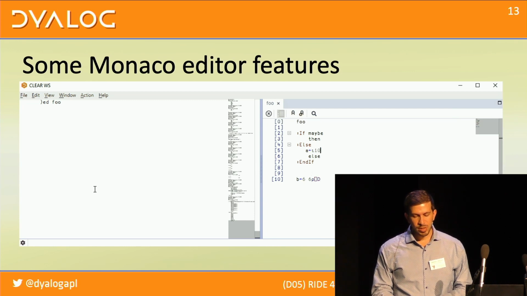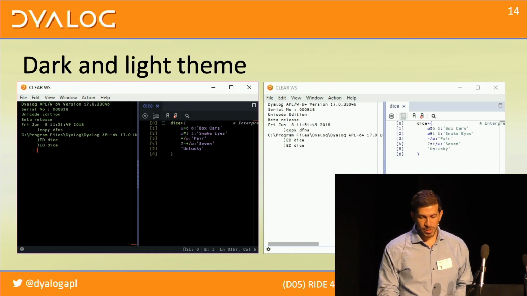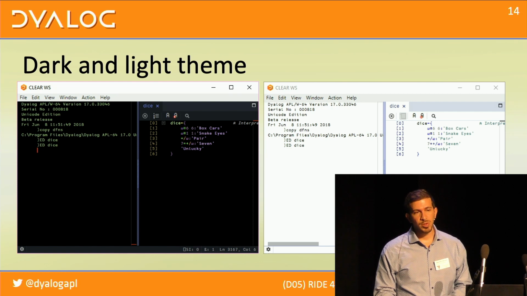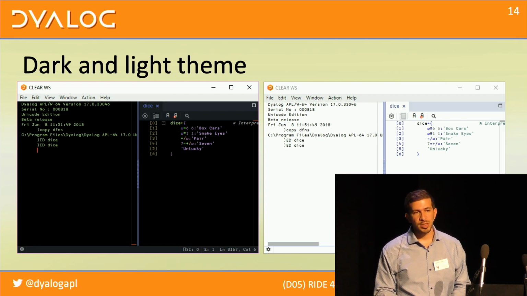Moving lines, I'm not sure we had that in 4. This is a new feature, I believe. Dark and light theme, I've mentioned. You can customize the themes as you could before, but the dark chrome and light chrome is fixed. So you can't change the colors of that, but you can pick one as a basis for your syntax colors.